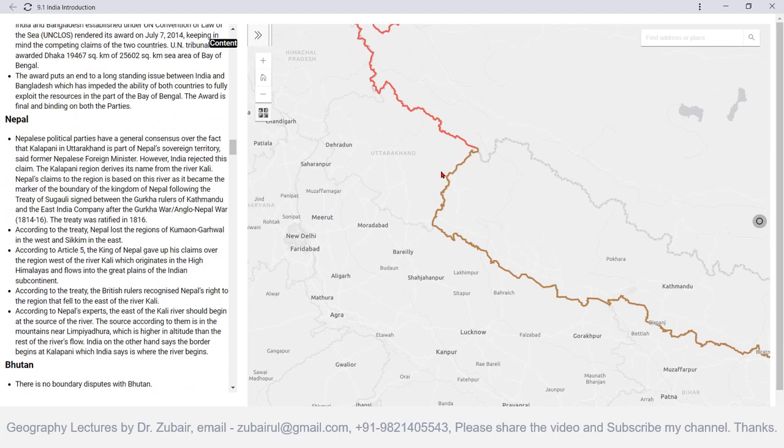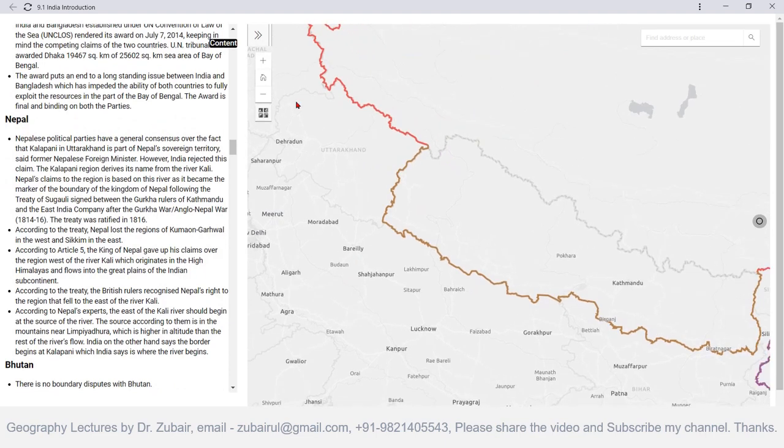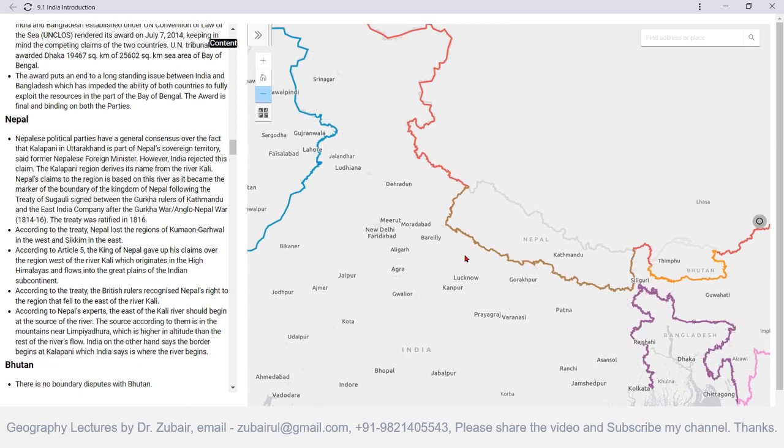Let's see the border dispute with Nepal. Historically, in British India, there was an Anglo-Nepal war. In that war, Nepal lost the territory of Uttarakhand and the Sikkim area, and the border was decided that the Kali River is the border line.